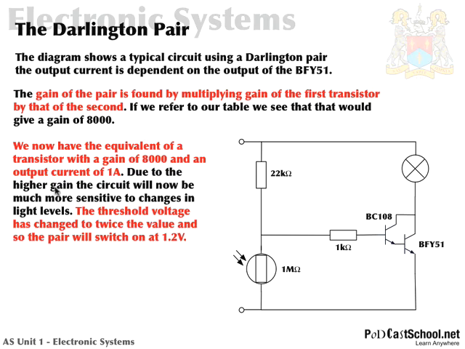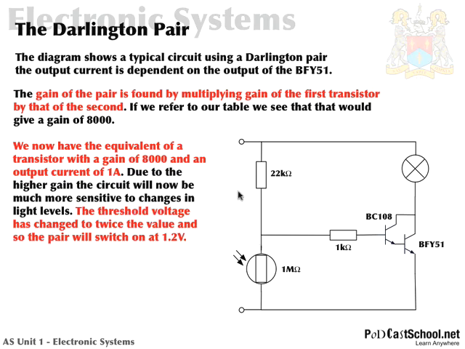And of course, you have that as well as the power capabilities. So that's why we're doing this. We now have the equivalent of a transistor with a gain of 8,000 and an output current of 1 amp. Due to the higher gain, the current will now be much more sensitive to changes in light levels.